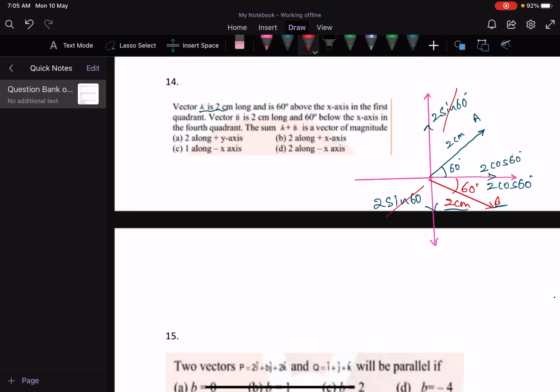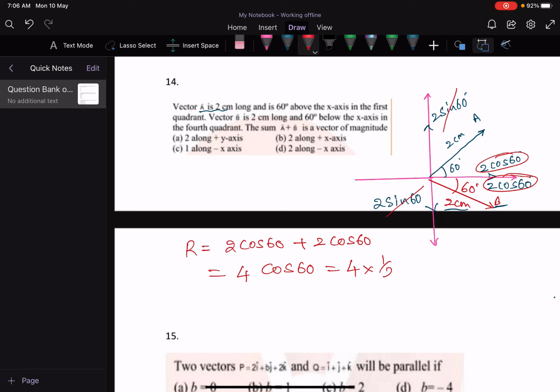The resultant is only pointing along the x-axis, 2 cos 60 plus 2 cos 60, that is 4 cos 60. Cos 60 is 1 by 2, so the resultant is 2 centimeters long and the direction is along the positive x-axis.